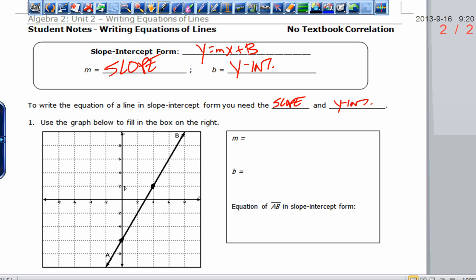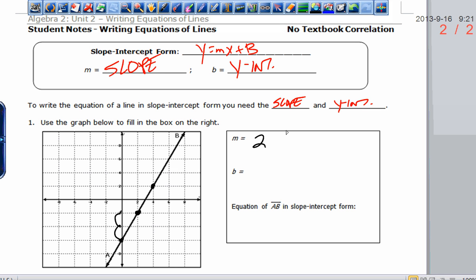Is that 8? 6? Aren't they going by 2s? Oh, right there. So they're going by 2s, right? So up 4 over 2, which is just 2.